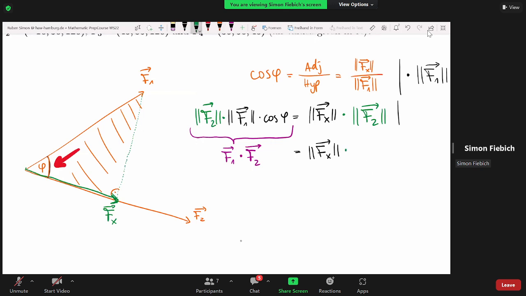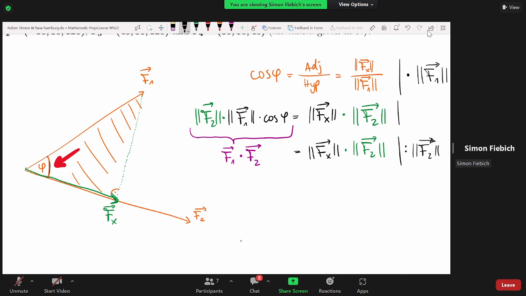Still nothing wrong about our equation, right? Yes. Okay. So how could we now go on with this derivation? We could transform it again. If we transform this by dividing by the magnitude of F2, we would only be left with the magnitude of Fx on the right side of the equation.